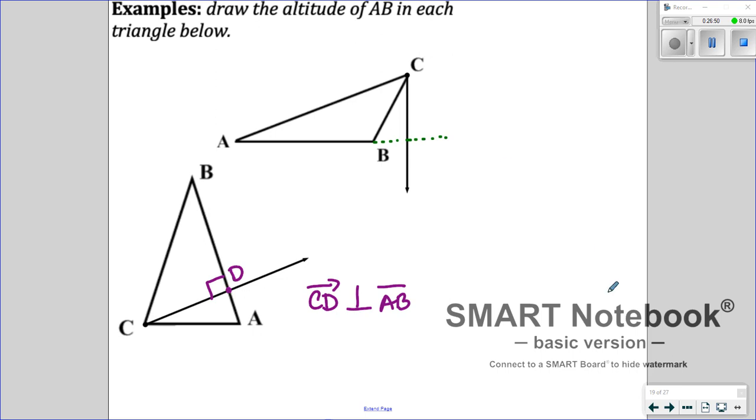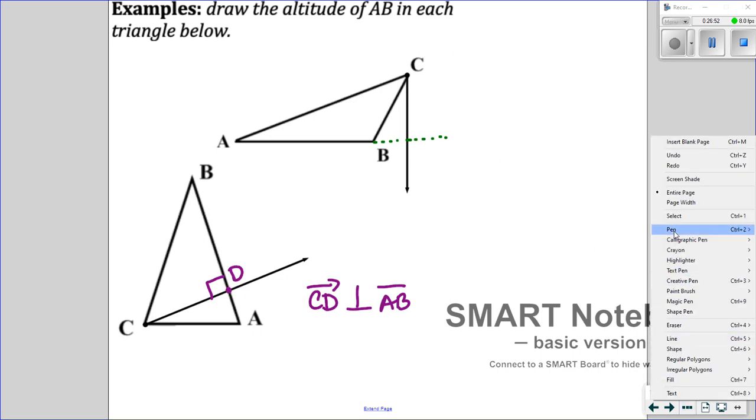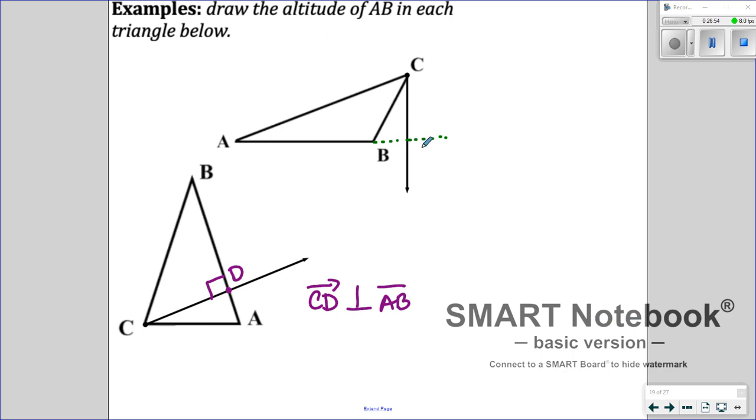So I'm extending it, and then I use the green again, and you create that perpendicular line. So I'm going to put my point here, which is D. Actually, I'll make it P, just to make it different from the other one. So that we see that CP is perpendicular to segment AP.